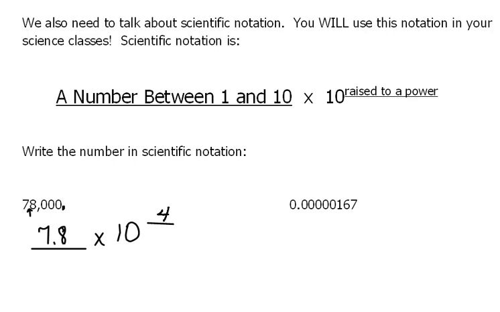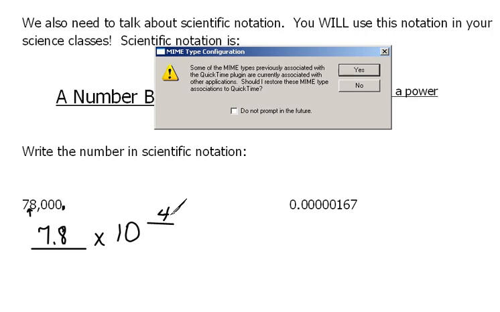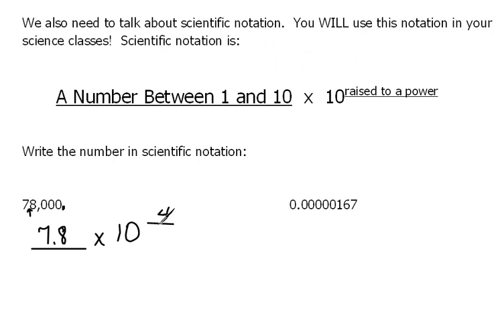4 would be here. Now, 10 to the fourth means 10 times 10 times 10 times 10. So that is really, really a huge number. This is actually 10,000. So what we're saying here by saying 7.8 times 10 to the fourth is 7.8 times 10,000.